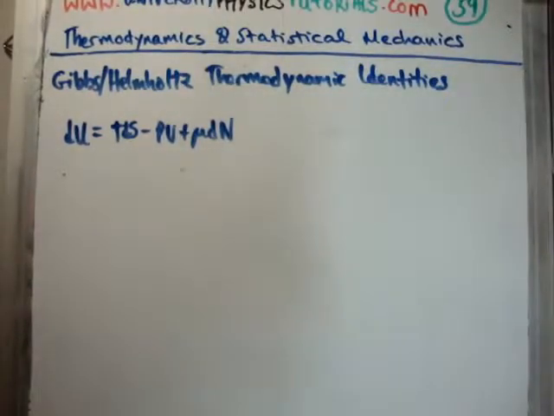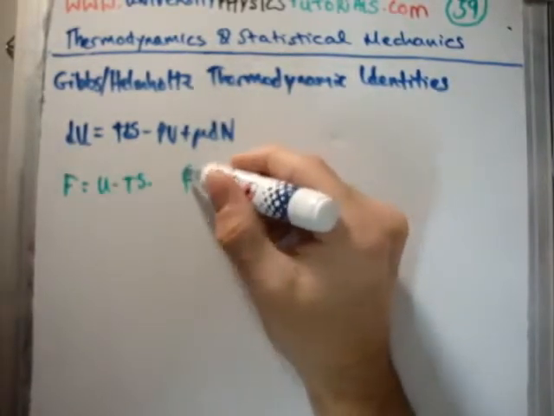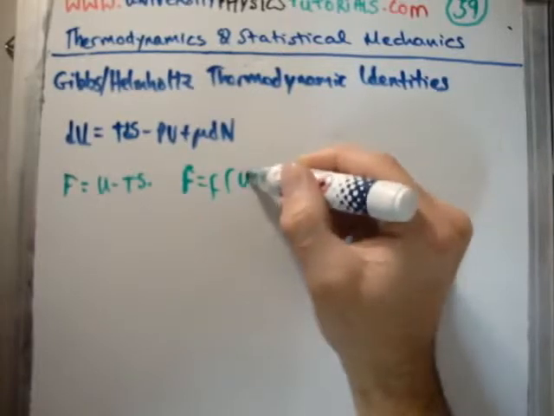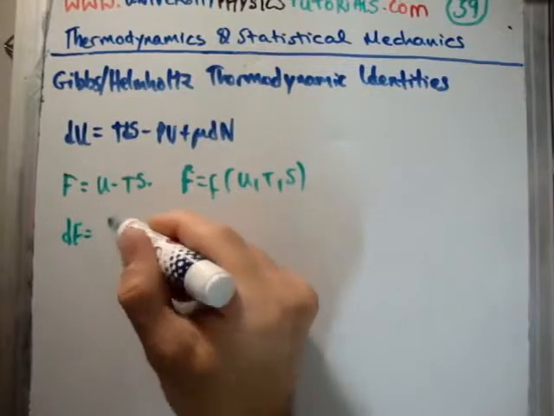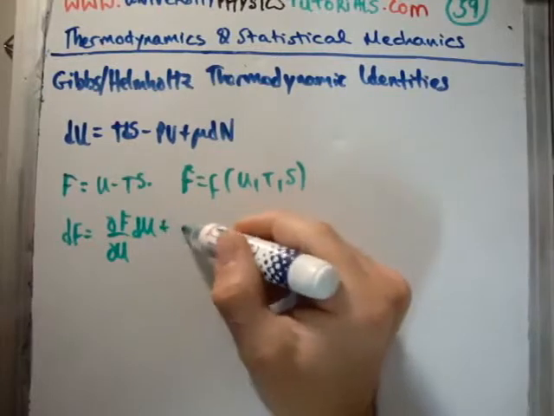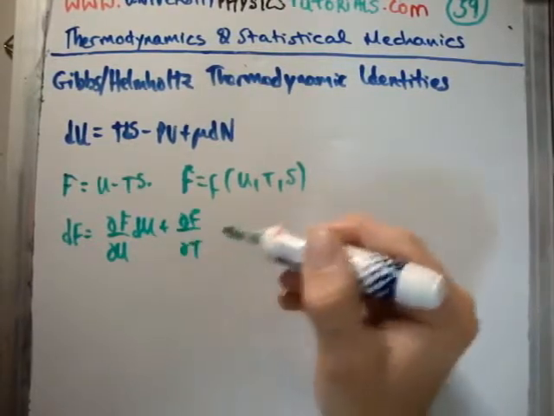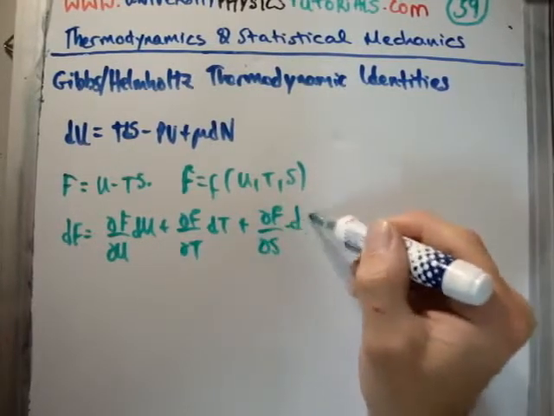Next, we're going to do the thermodynamic identity for the Helmholtz free energy F. The Helmholtz free energy is when you're at constant temperature but not constant pressure. So F is equal to U minus T times S. Similarly, say F is a function of U, T and S. That means that dF is equal to del F del U dU plus del F del T dT plus del F del S dS.